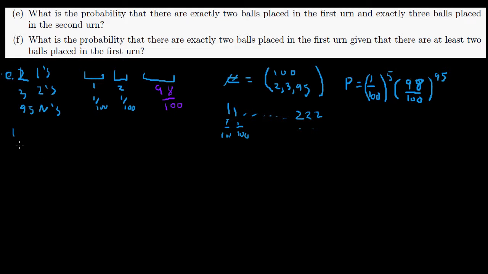Now how about F? What is the probability there are exactly 2 balls placed in the first urn given there are at least 2 balls placed in the first urn? So first we need to figure out what is the probability there are at least 2 balls placed in the first urn.